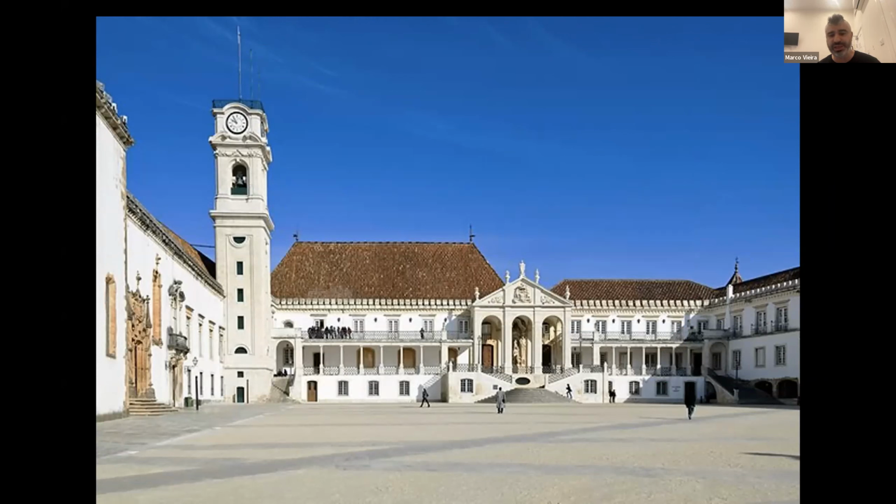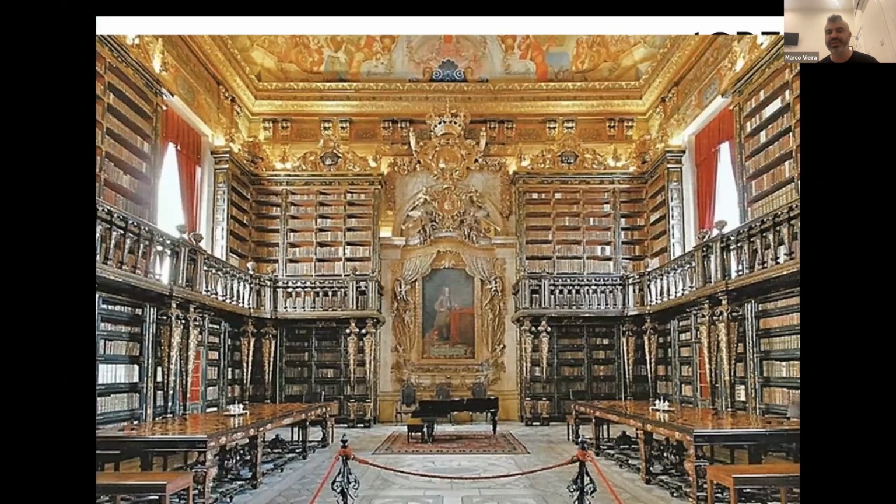What you see here is the main campus of the university. This is where the rector stays, so the administrative services and so on. This used to be a palace of the king, and we will have the opportunity to visit all these places. This is a very old library, a beautiful place, also one of the most beautiful libraries in the world.